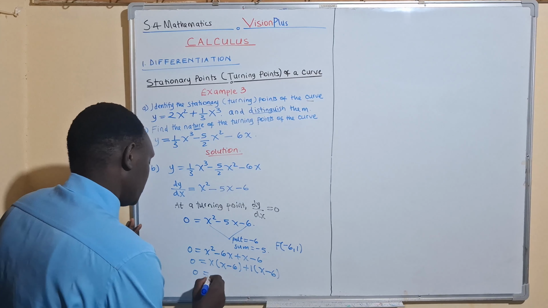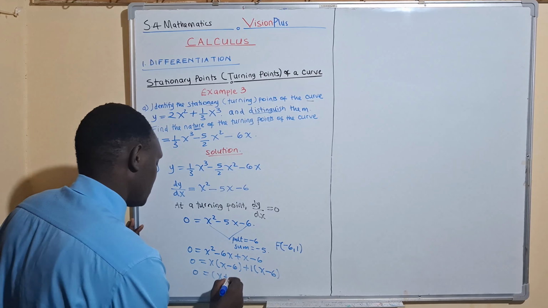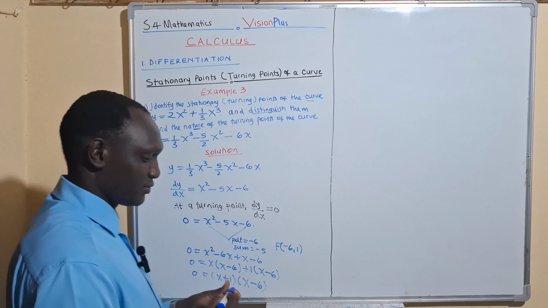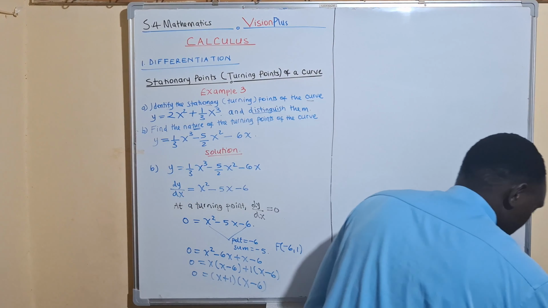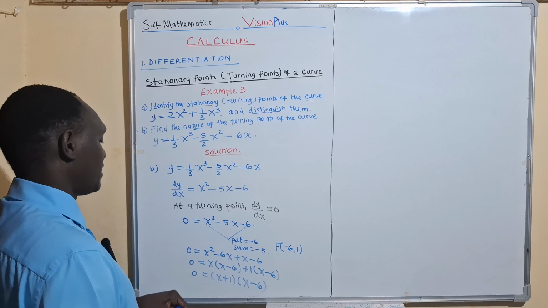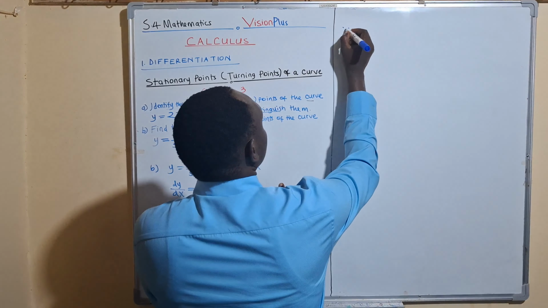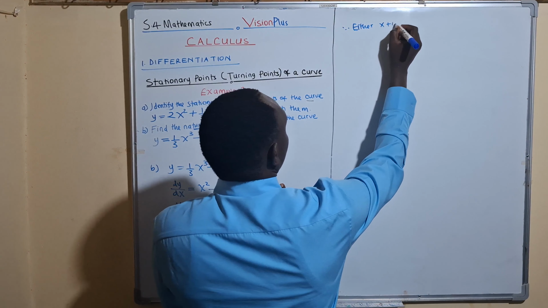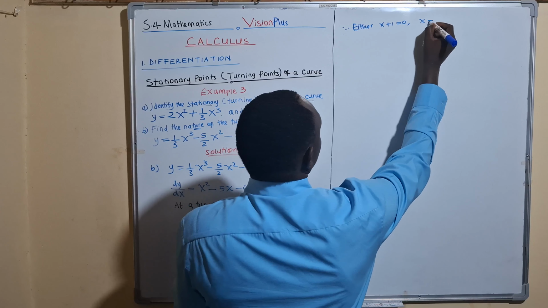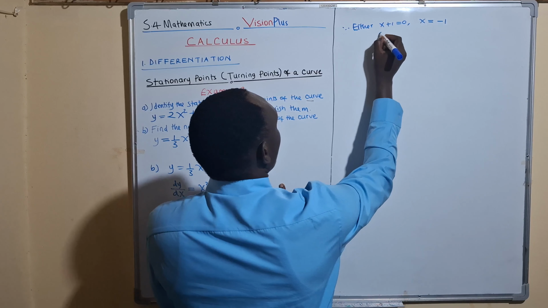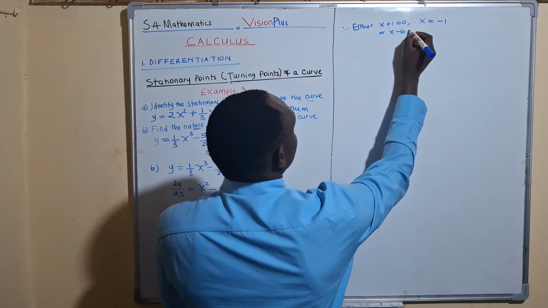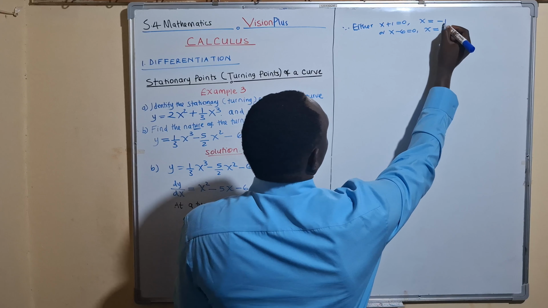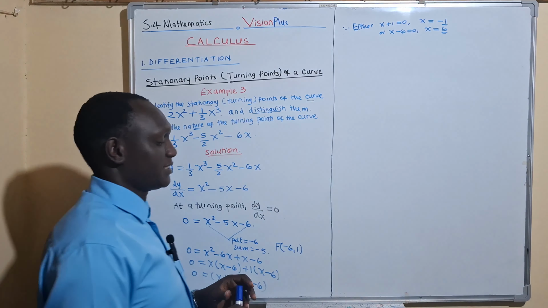That means 0 equals x plus 1 times x minus 6. So what are the values of x? Either x plus 1 equals 0, where x is negative 1, or x minus 6 is 0, for which x is positive 6. So these are the two values of x.